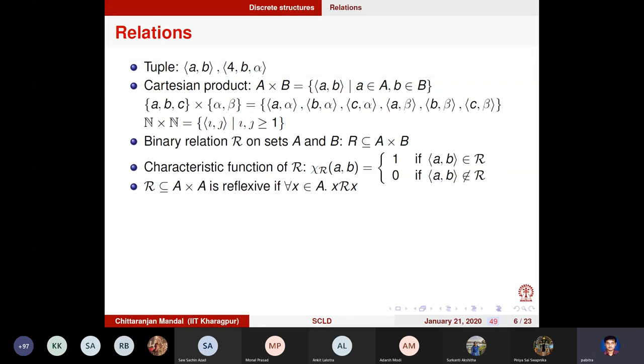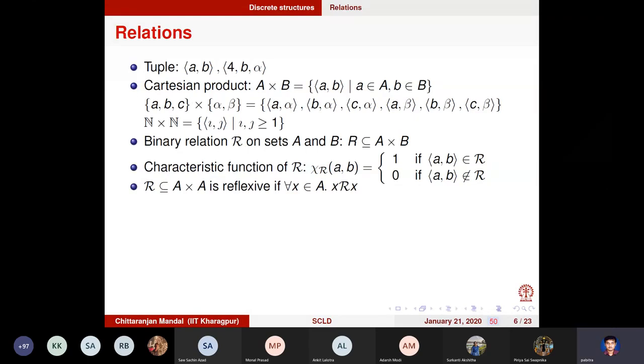A binary relation on the sets A and B is some subset of the Cartesian product A cross B. For every binary relation, you have a characteristic function which marks the elements of A cross B which satisfy the relation or don't satisfy the relation. That means belongs to R or doesn't belong to R. Now let us talk about some properties of the relations.